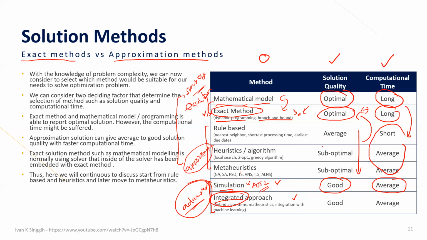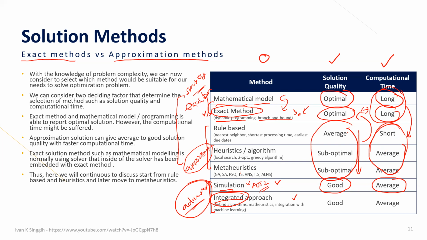The optimality, of course. The more optimal your result, the more confident you are in giving the recommendation to the decision maker. But again, it is a trade-off with computational time. From the perspective of approximation solution, they can provide a good solution, but very fast.